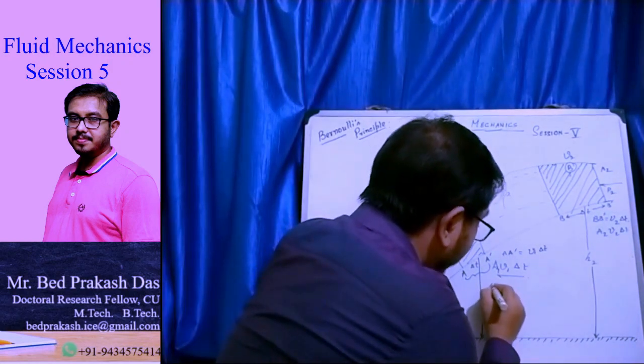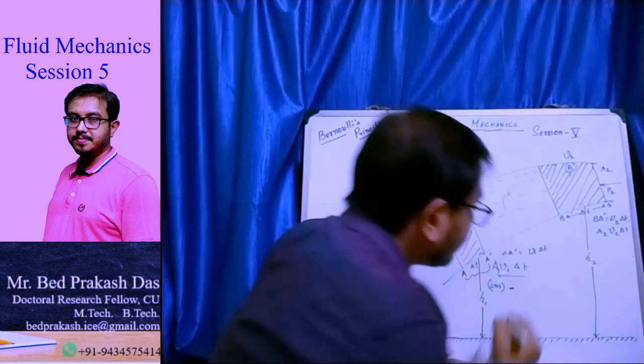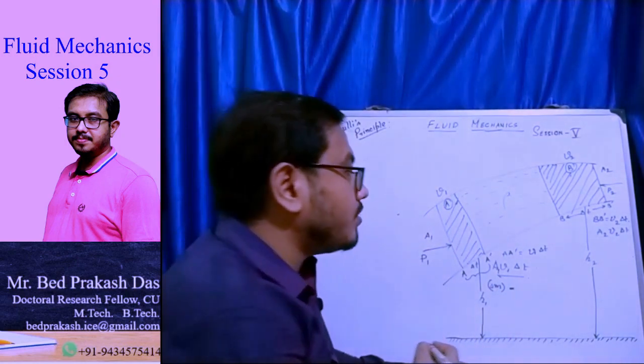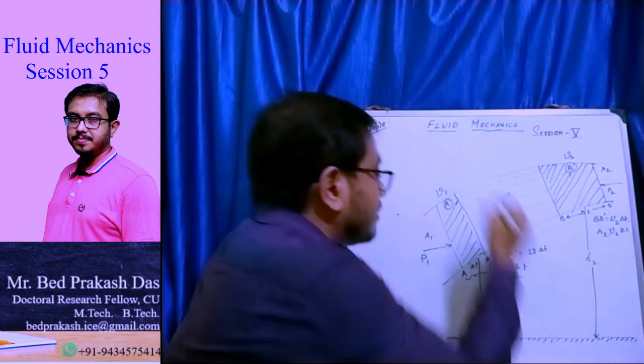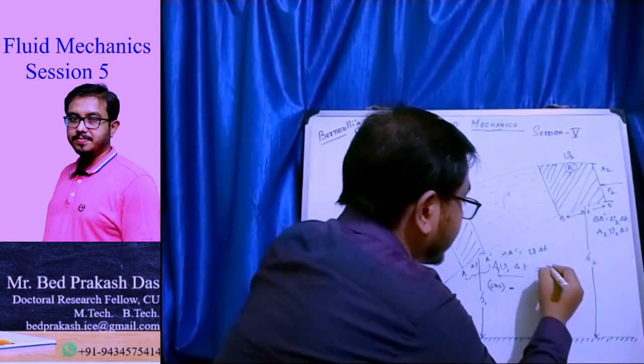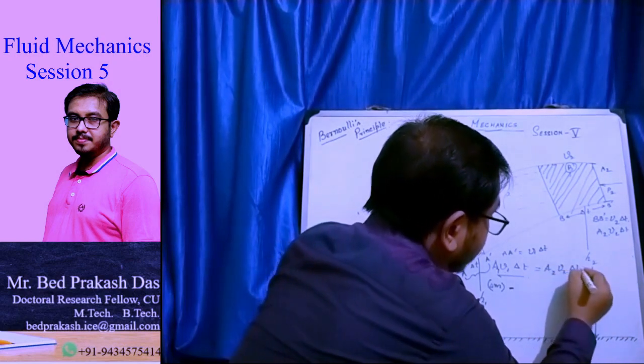To calculate that mass from the point of view of the continuity equation, both volumes will be equal. That means A1 v1 delta t will be equal to A2 v2 delta t.